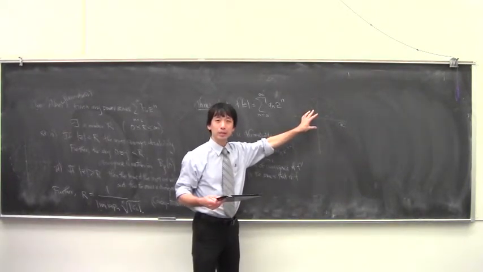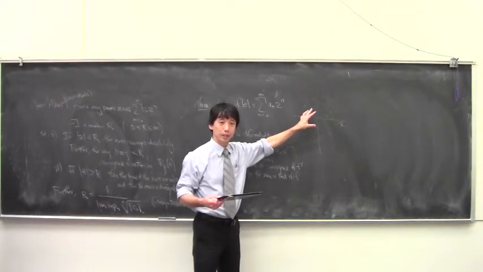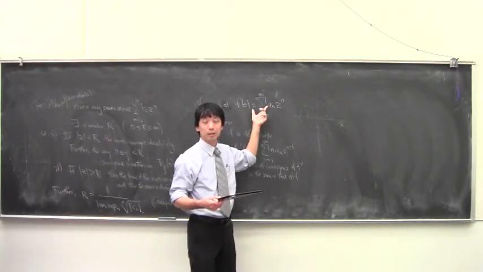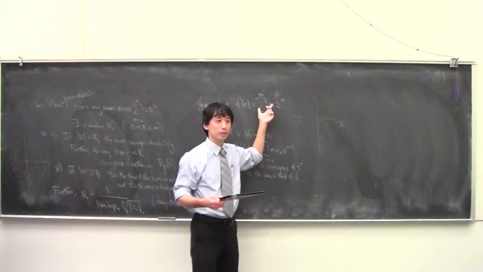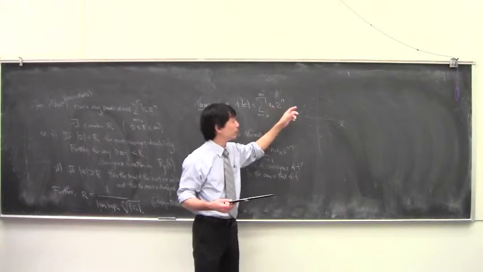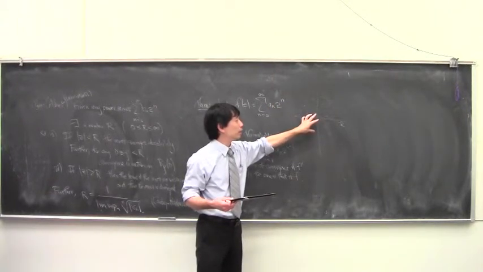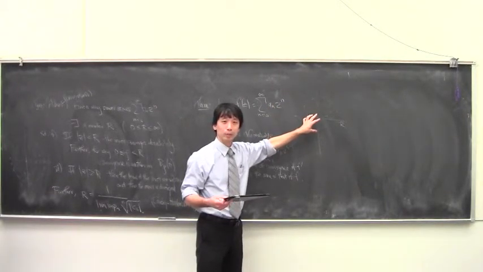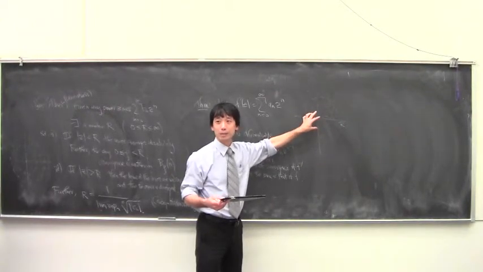Now, what did we need to show to get convergence to an analytic function from Weierstrass's theorem? Do you remember? We needed basically that you have uniform convergence on every compact subset.